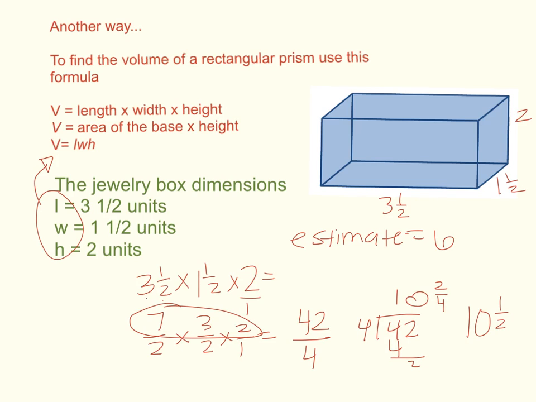Then we have units cubed. So that should have been the answer you got in the last problem anyway, but that's just an easier way to do it in my mind because I'm just multiplying fractions. So if you're confident in your multiplying fraction skills, then you're going to be good at this.